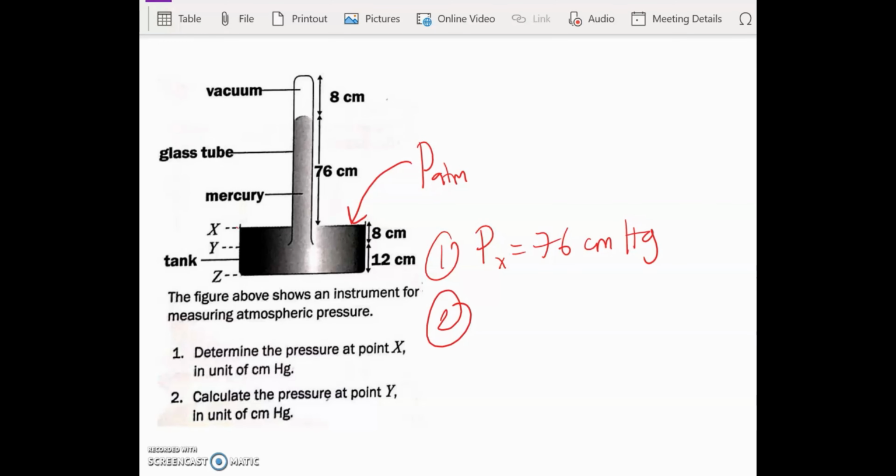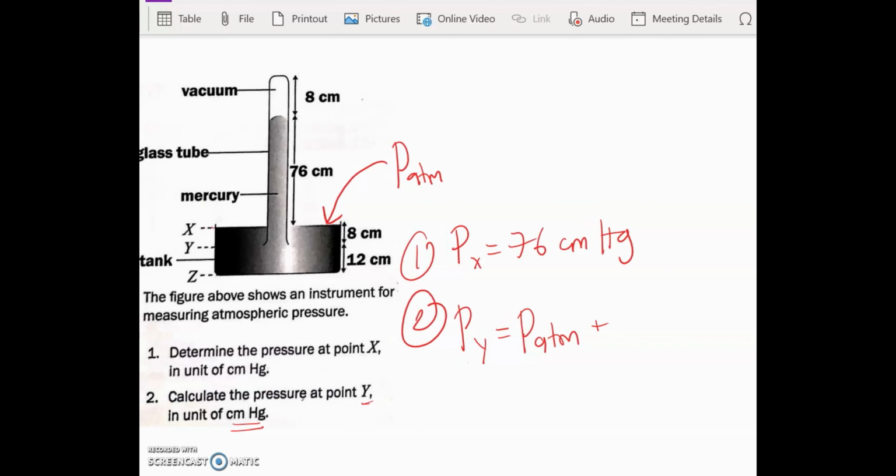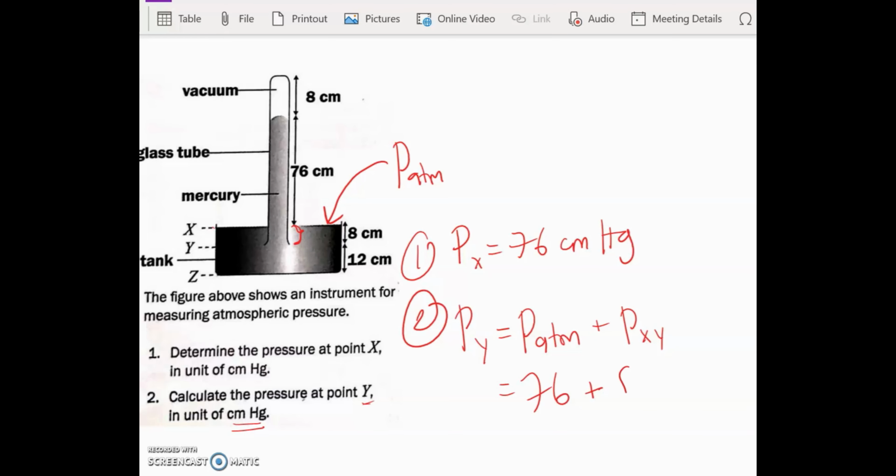Next, number 2, calculate the pressure at point Y in unit of centimeter Hg. So pressure at Y is equal to atmospheric pressure plus pressure due to the column of X and Y. Here, atmospheric pressure 76 plus pressure at X and Y, 76 plus 8.